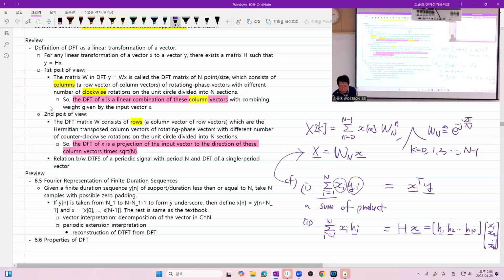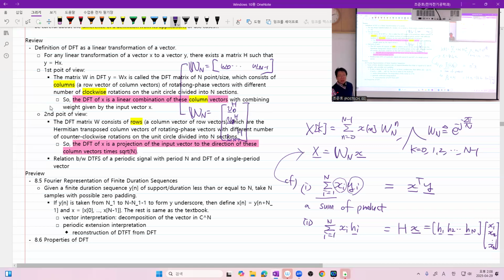Of course, we can understand this W_N as a row of column vectors or a column of row vectors. Got it?